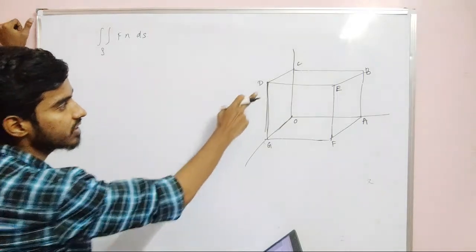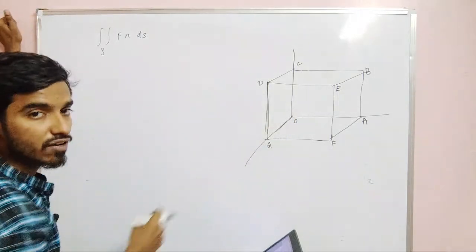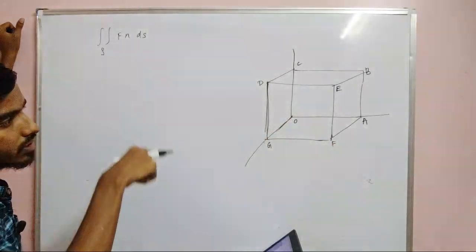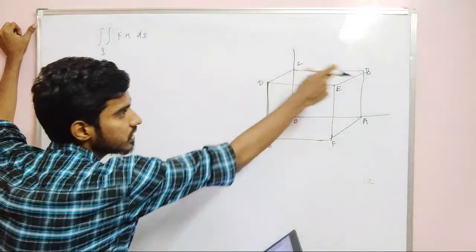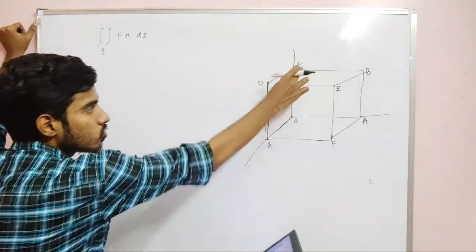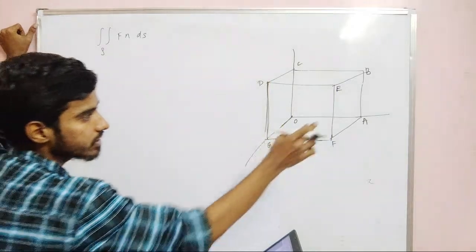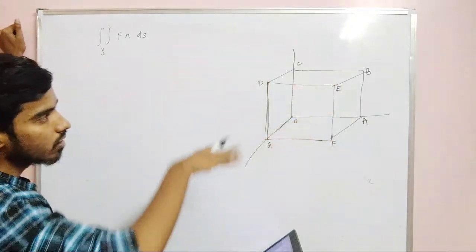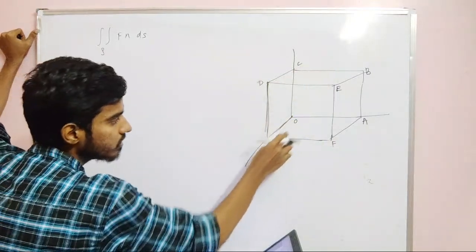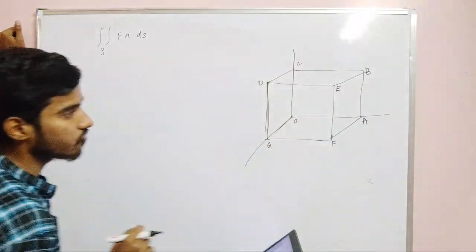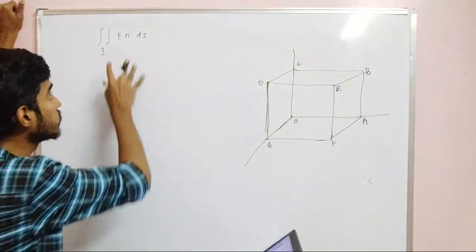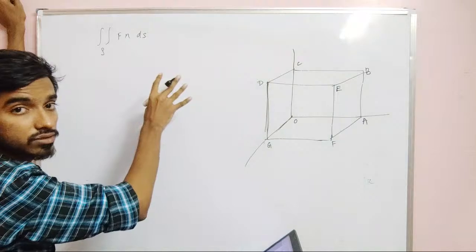The front side is D, E, F, G. The back side is O, C, B, A. The left side is O, C, D, G, and the right side is A, B, E, F. The upper side is C, D, E, B, and the lower side is O, G, A, F. So now we are going to split this into 6 parts.